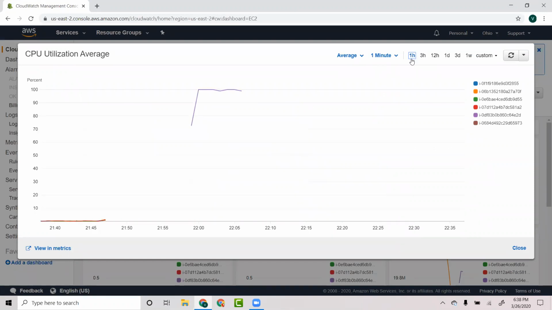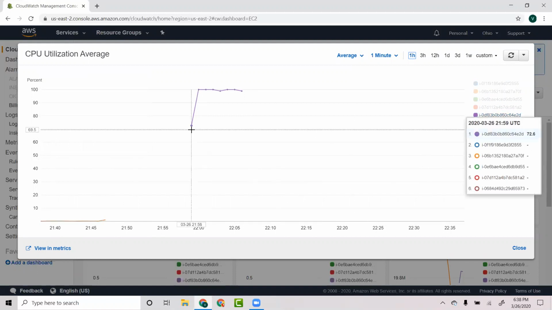In the last 1 hour, blue is one instance, orange is another instance, green is another instance. See the graphs here, focus here. And then red is another instance, and purple is another instance. Look at purple here, guys. It started at 21:58.